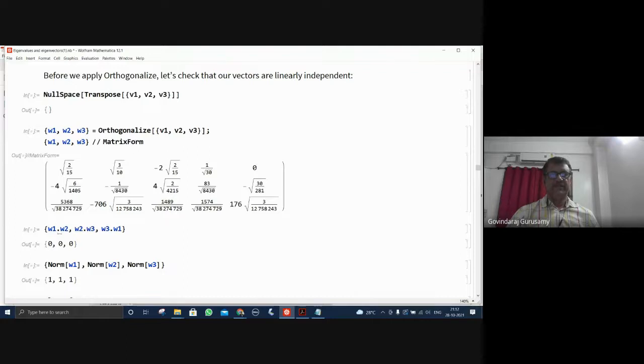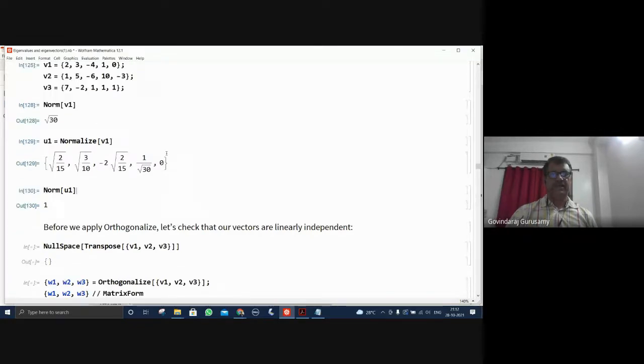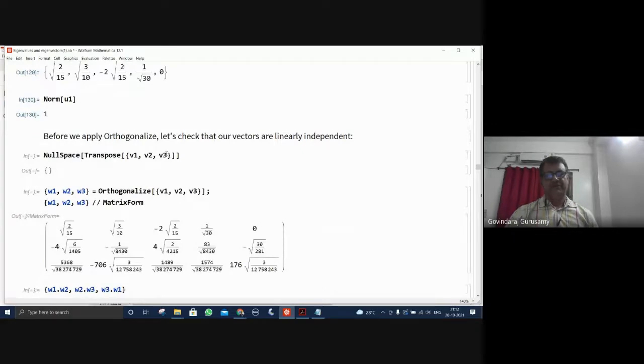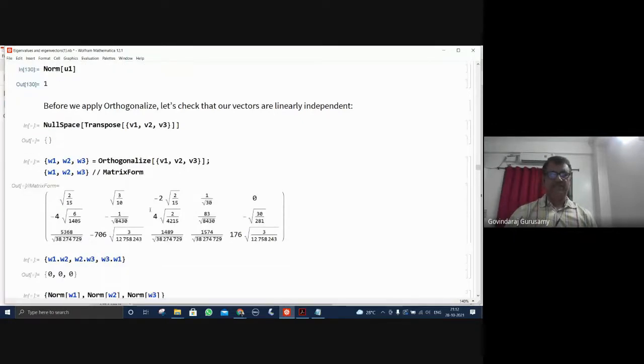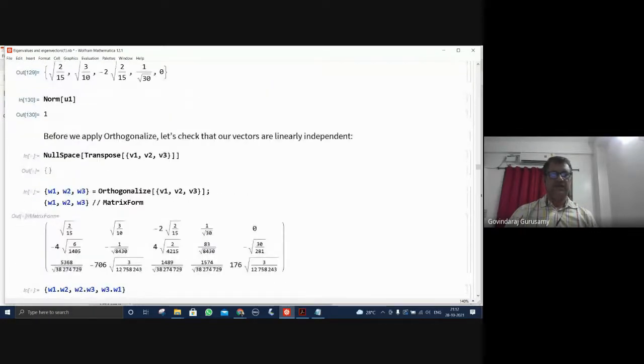Mutually these vectors V1, V2, V3 must satisfy what? What are the orthogonal conditions? For example, we are finding W1, W2, W3, by orthogonalizing this V1, V2, V3.